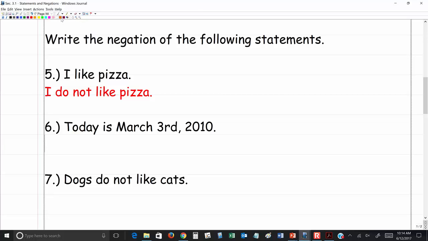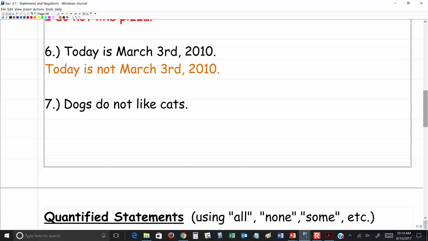So the negation of that statement would be today is not March 3rd, 2010. All right, number 7 says dogs do not like cats. So the negation of that statement would be dogs like cats.